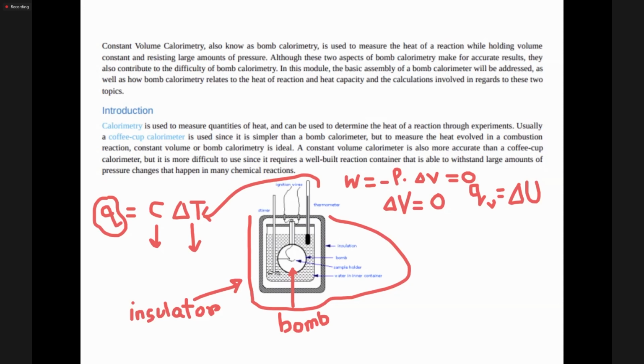The temperature change of the calorimeter will be produced because the complete reaction is taking place, and this is then converted to QV by using the heat capacity of the calorimeter with the help of the equation Q is equal to C into delta T. So now we can calculate the heat generated from the reaction as QV is equal to CV into delta T. That will be our main equation to calculate QV.